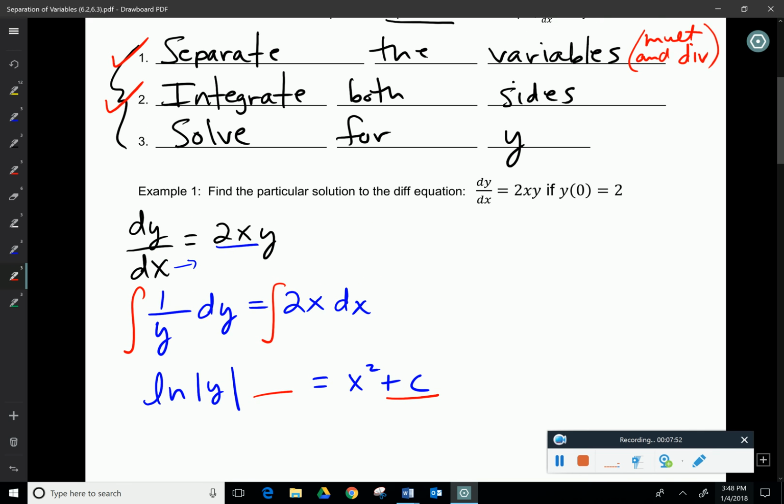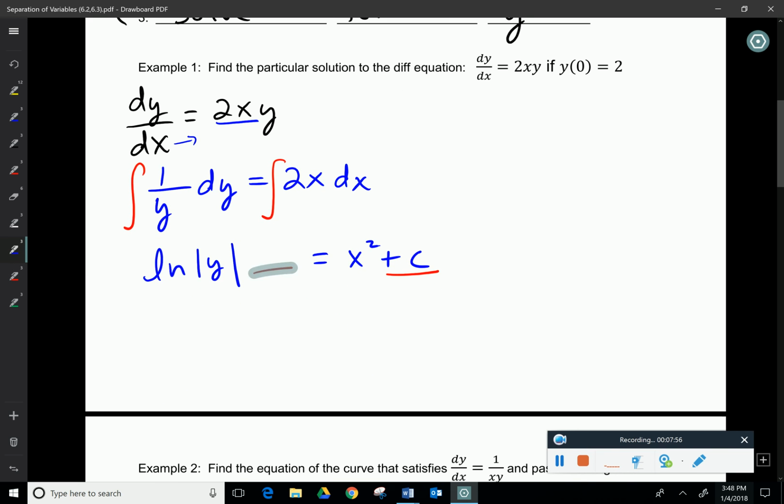And then the last step says I need to solve for y. Well, how am I going to solve this equation for y? The only way to get y out of the natural log, there are two different ways to look at it. You can think of it as changing it to exponential form, but I think the way you learned last year in pre-AP pre-calculus is that you put a base of e on both sides.